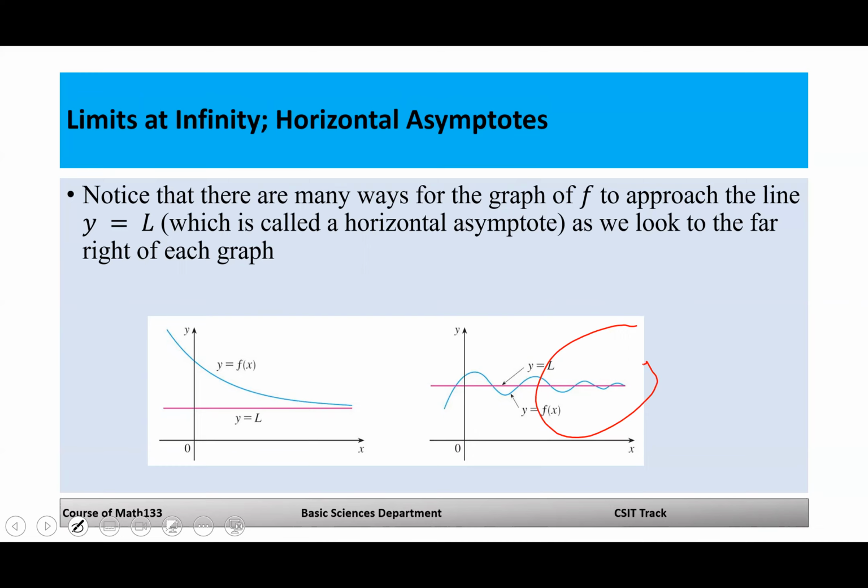So all three situations may happen for the limit as x approaches infinity and f of x approaches L: it can be under the value y equals L, or over the value, or oscillating around the value y equals L.